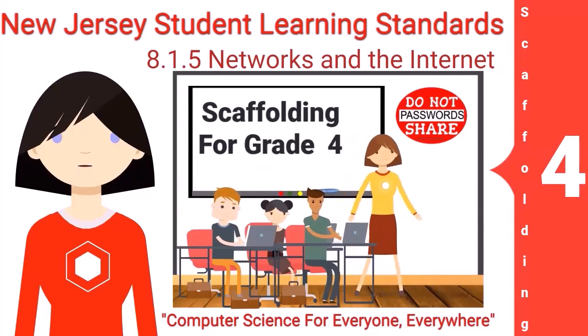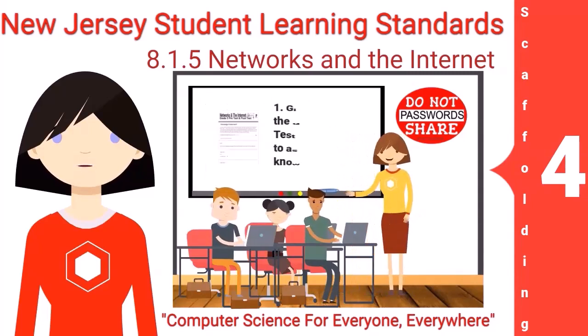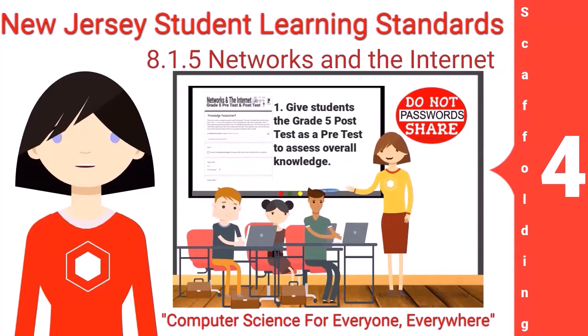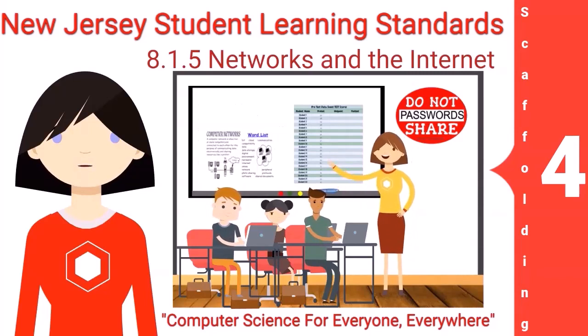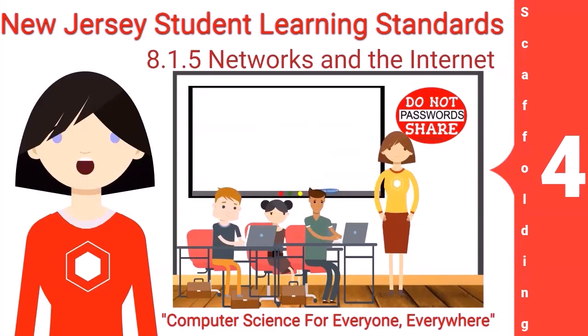Scaffolding for 4th grade. 1. Give students the grade 5 post-test as a pretest to assess overall knowledge. 2. Let the data determine your starting point. Focus on key terms and concepts that have not been learned. 3.